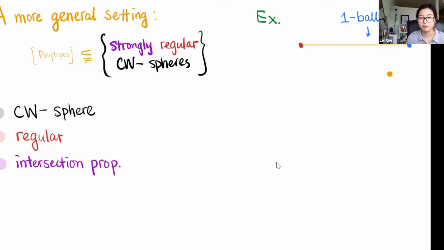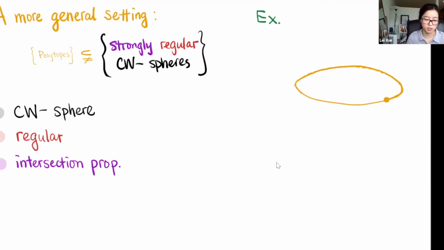And the frame I have here is just 1 point. It's a 0-dimensional CW complex. I'm going to glue that one ball to this orange vertex by gluing on the boundary. So then I get a circle, right? And a circle is a 1-dimensional sphere. So this is a 1-dimensional CW sphere.